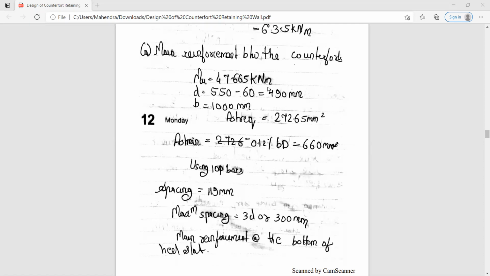Is it completed? All of you have got the spacing, that is 119 mm.